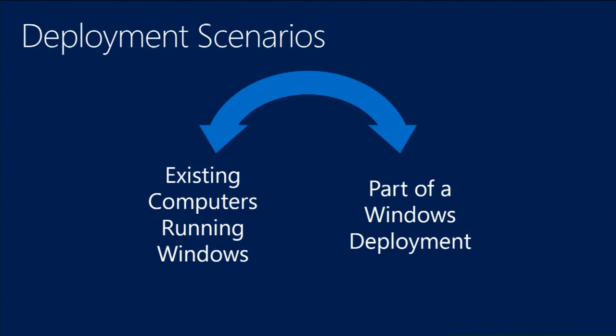For example, for existing computers, you can deploy Internet Explorer by creating a package, just as we did with the IEAK. You can also use the existing installer for Internet Explorer 10. Internet Explorer 10 does support a number of switches. So it supports a /s silent switch.